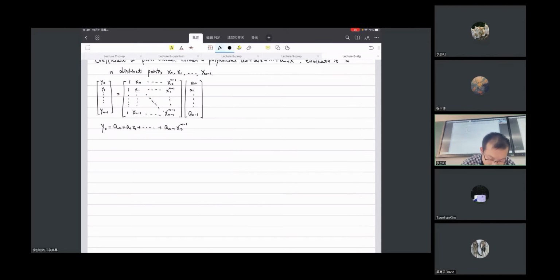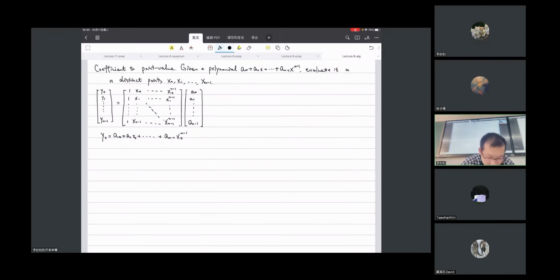So talking about coefficient to point value transitions, we have this input and we know what the x's are. We just need to solve this matrix multiplication problem. I would say it's a matrix-vector multiplication. Is this clear to you?